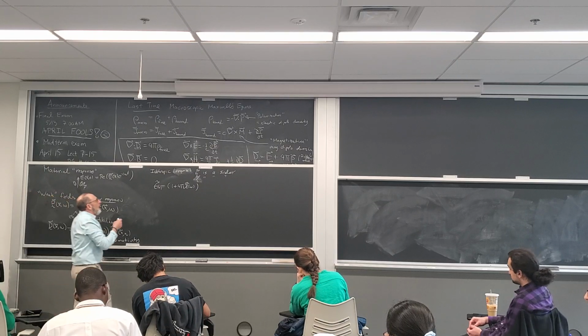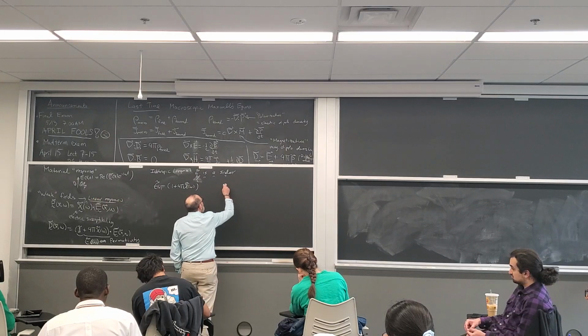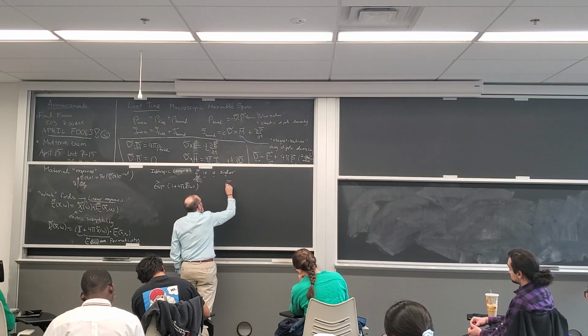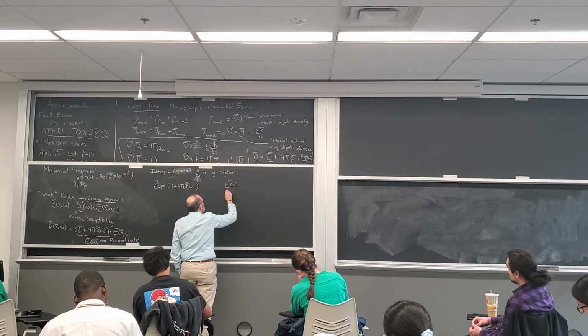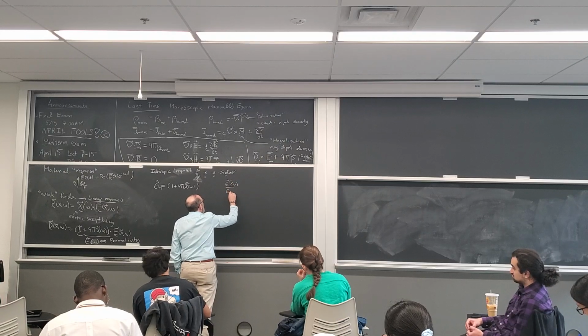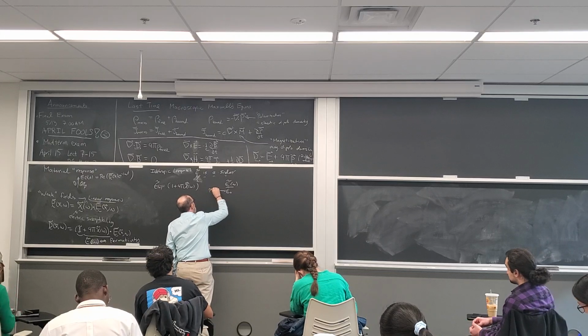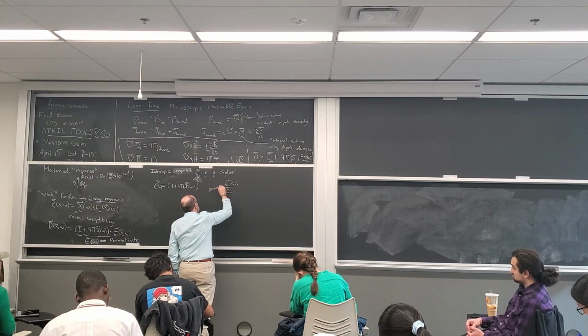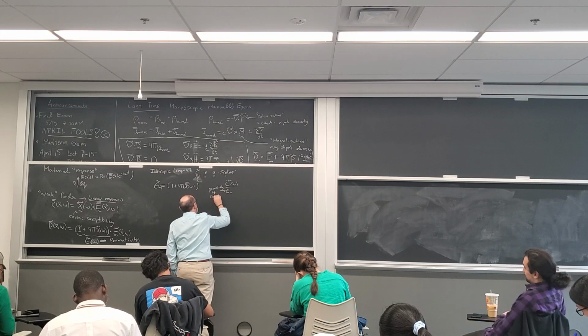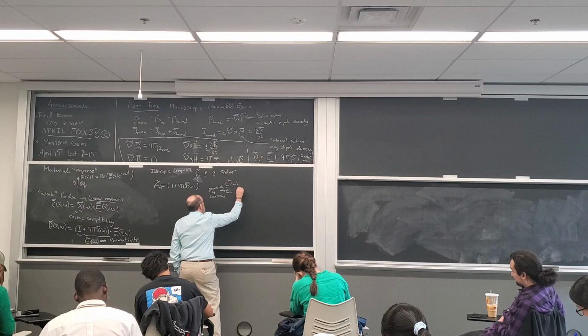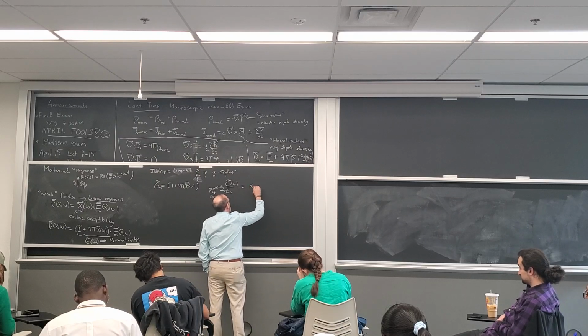So the ratio of this to epsilon naught, which is the permittivity of free space, is called the dielectric constant.